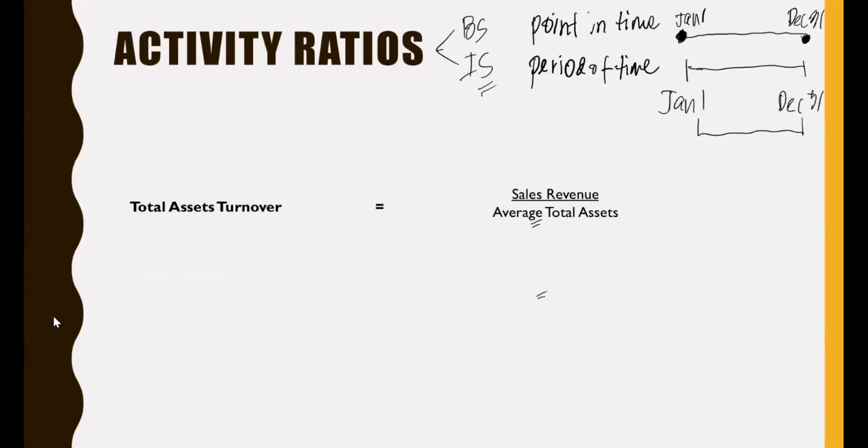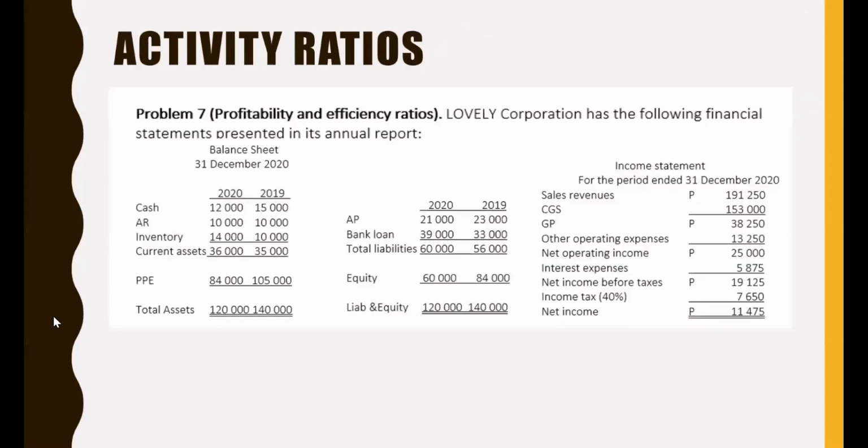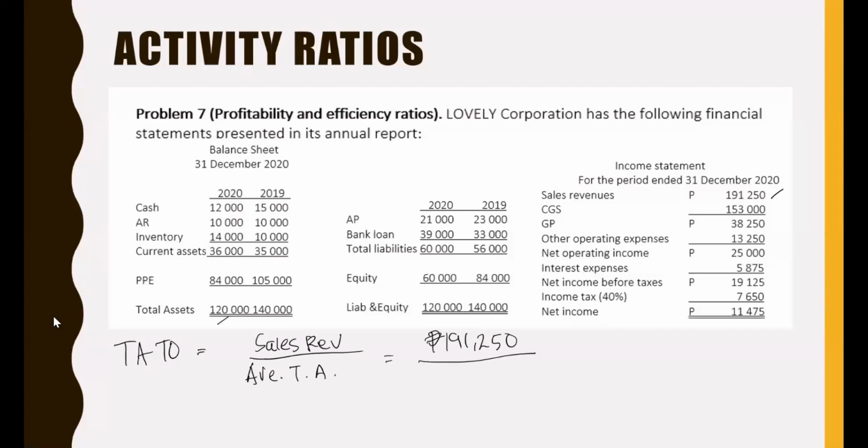So, let's go back to the problem. Ayan. So, for total assets turnover, again, this is sales revenue divided by average total assets. Okay, so our sales revenue amounted to 191,250. Then divided by the average total assets. So your total assets in 2020, 120,000. In 2019, 140,000. So total of 260 divided by 2.